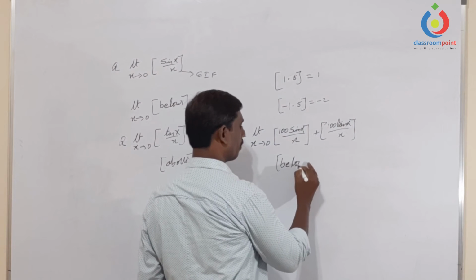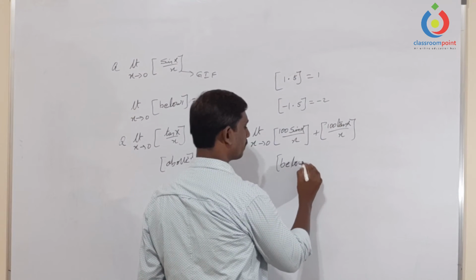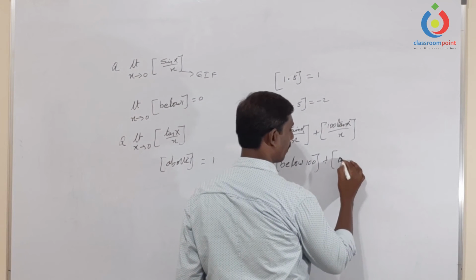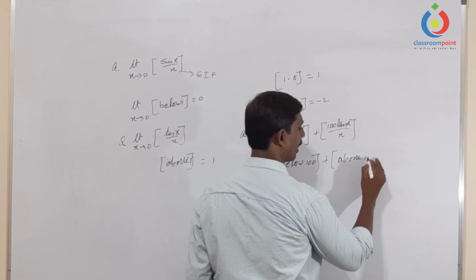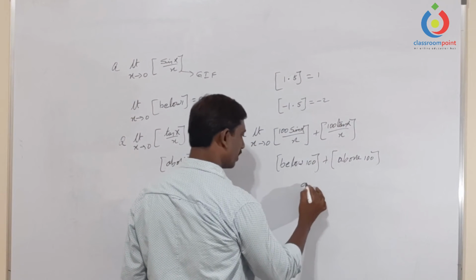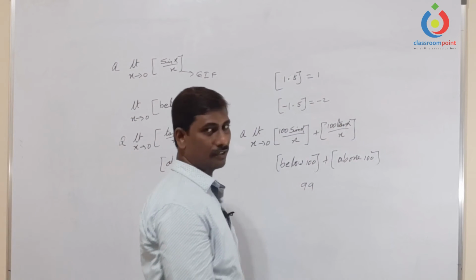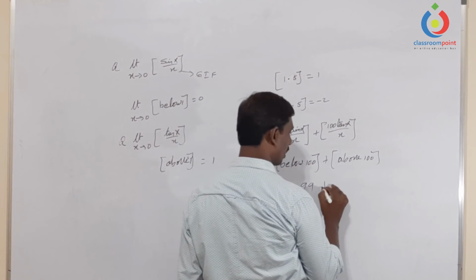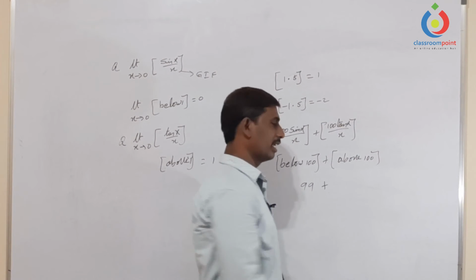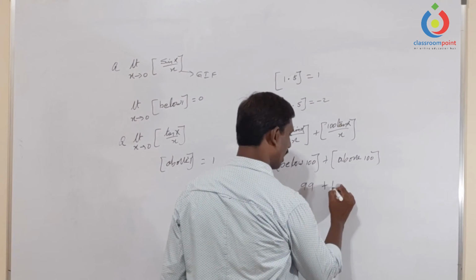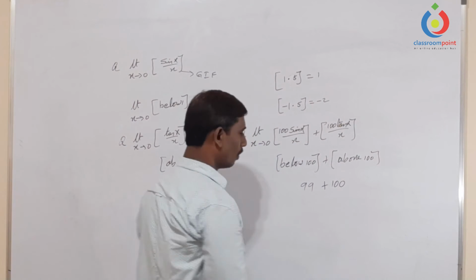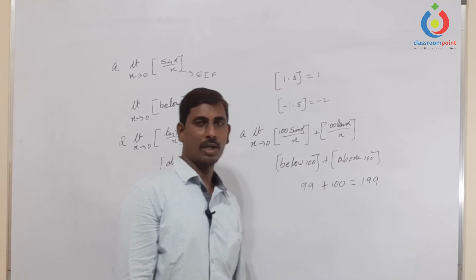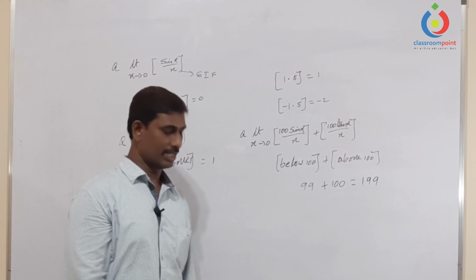And 100 tan x by x is above 100. Below 100 means 99 point something. The integral part of 99 point something is 99 only. And above 100 means 100 point something. The integral part of 100 point something is 100. So the final answer is 199. 199 is the answer.